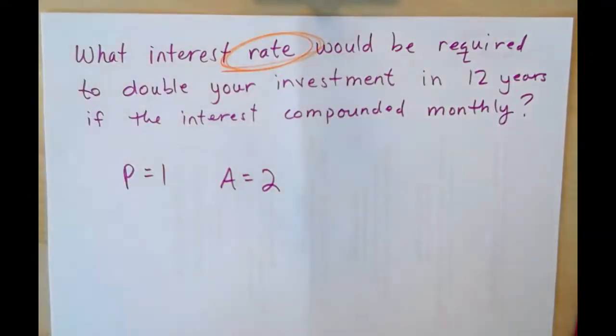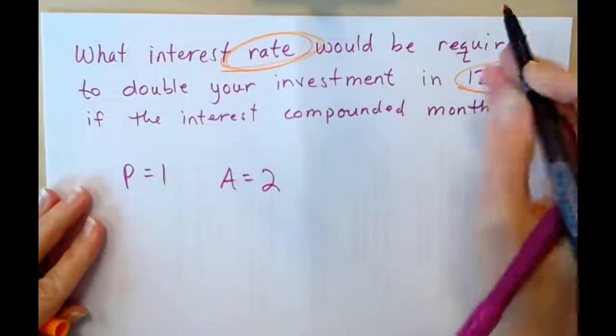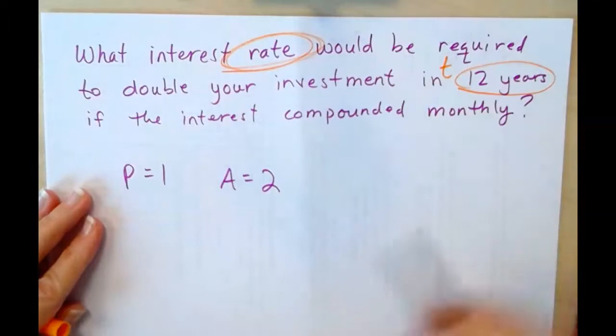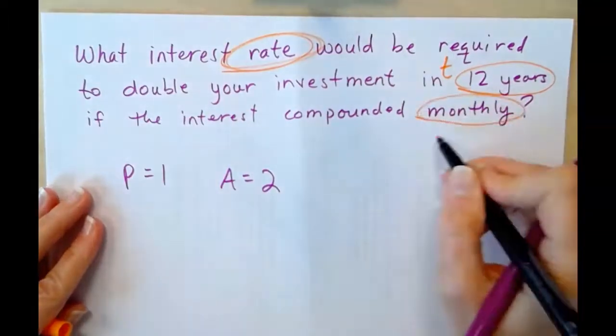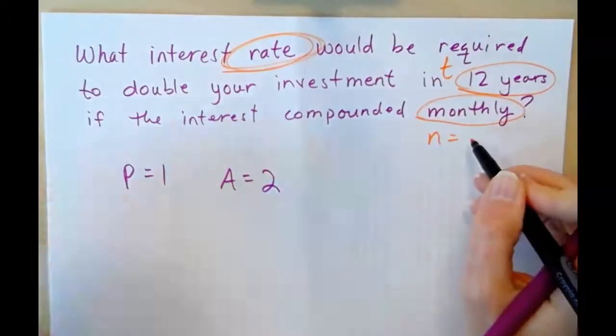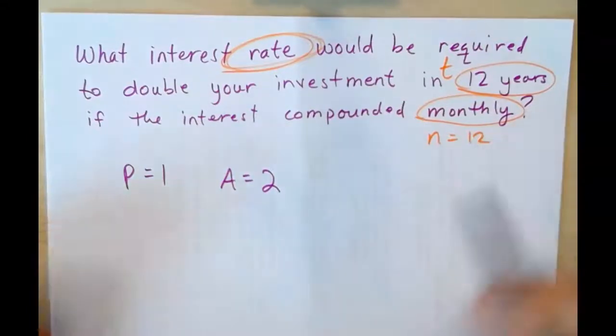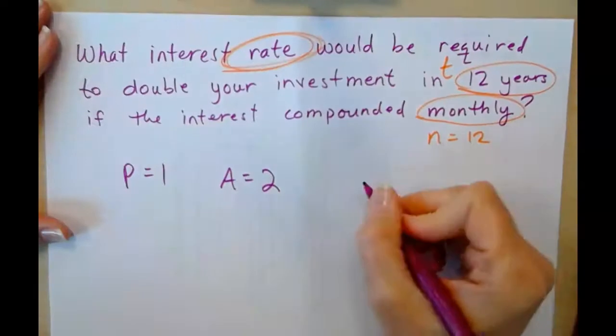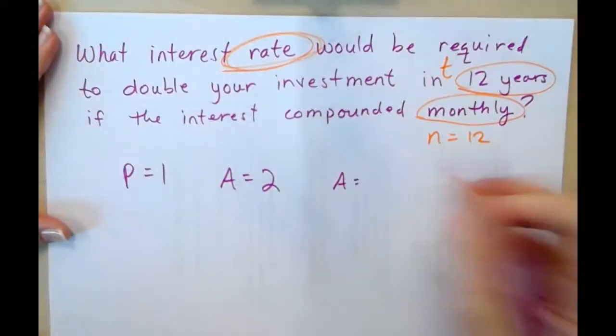It doesn't matter what you start with for your principal, you just need to double it. All right, what else are we given here? We're given that T is 12, and we're given that N is what? Also 12, exactly. So 12 years, compounding monthly. You have to know that compound interest formula.